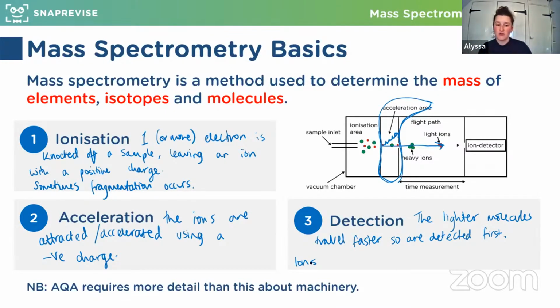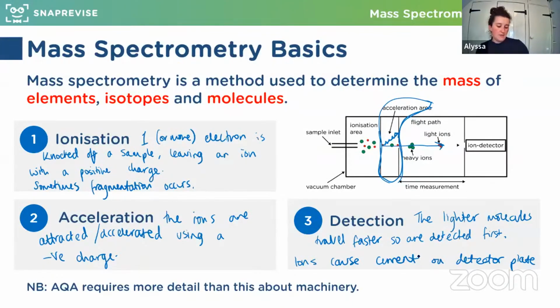So they cause current to occur. Really nice. So ions cause current on detector plates by gaining electrons.